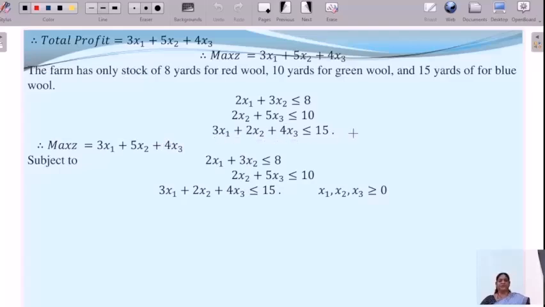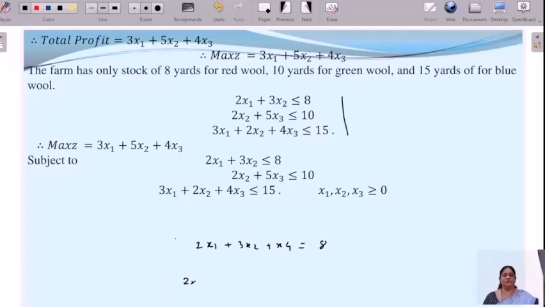2x2 plus 4x3 less than or equal to 15, and we can convert this LPP into standard form using slack and surplus variables. But all inequalities are less than or equal to type. Therefore, we use only slack variables. Therefore, it becomes 2x1 plus 3x2 plus x4 is equal to 8.